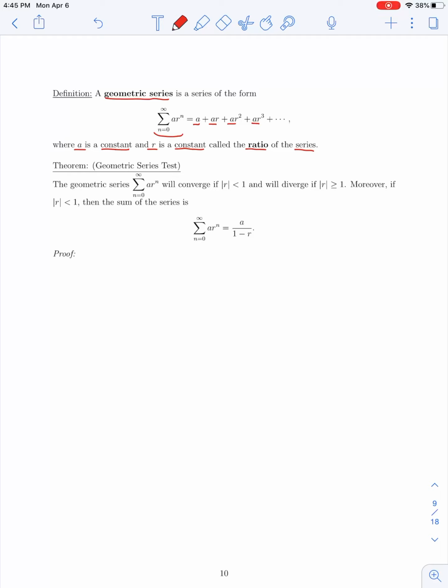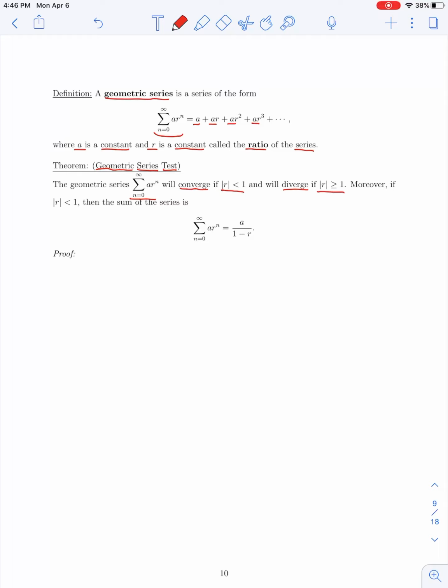So for this special type of series known as a geometric series, if we're interested in determining whether it converges or diverges, we would apply the following theorem known as the geometric series test. What this result says is that the geometric series, the sum of a times r to the n from n equals 0 to infinity, will converge as long as the absolute value of the ratio is less than 1, and it will diverge if the absolute value of our ratio is greater than or equal to 1.